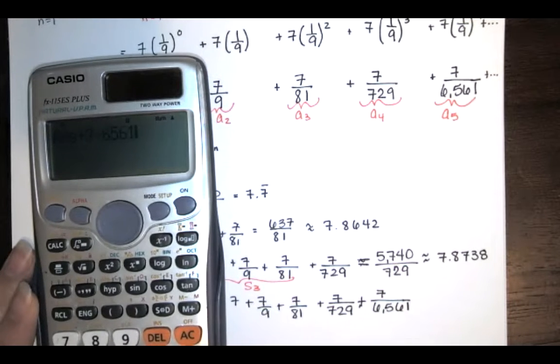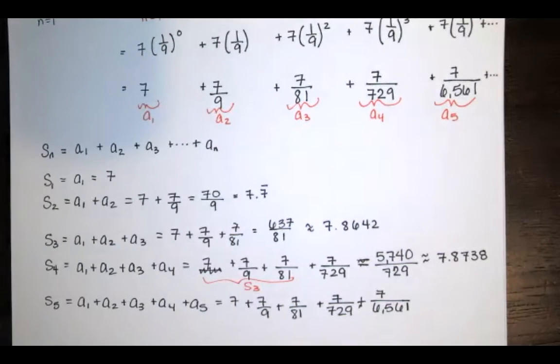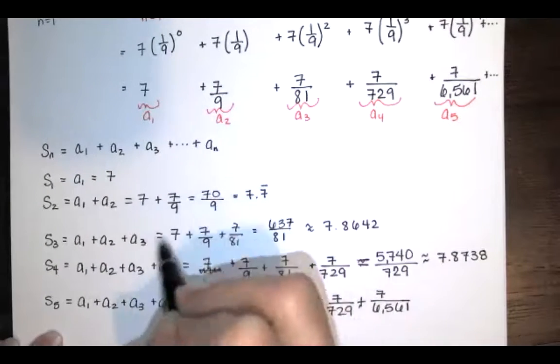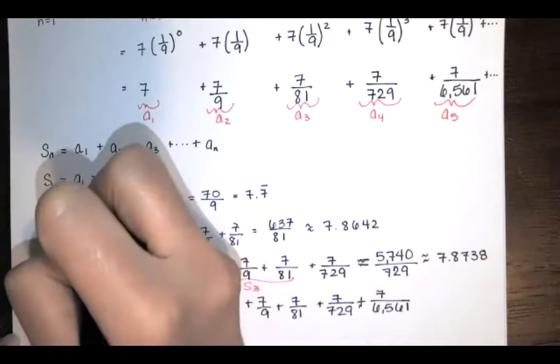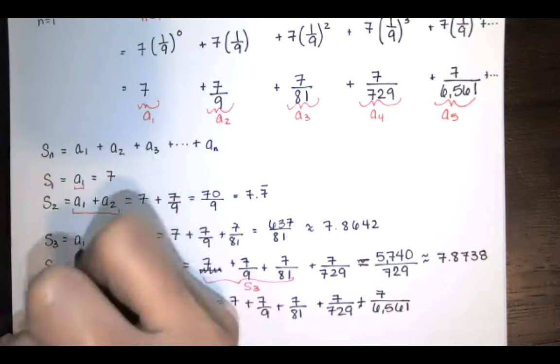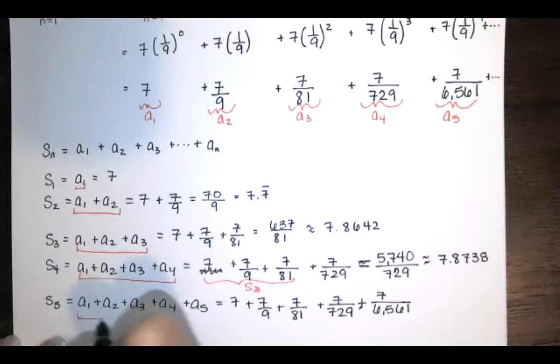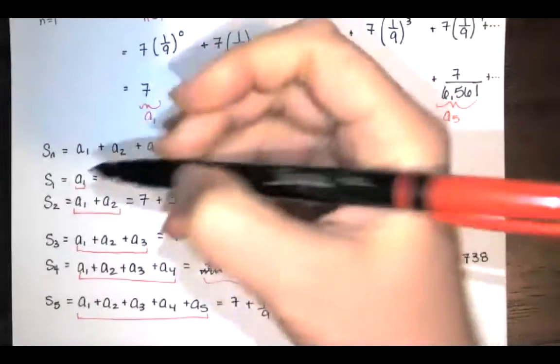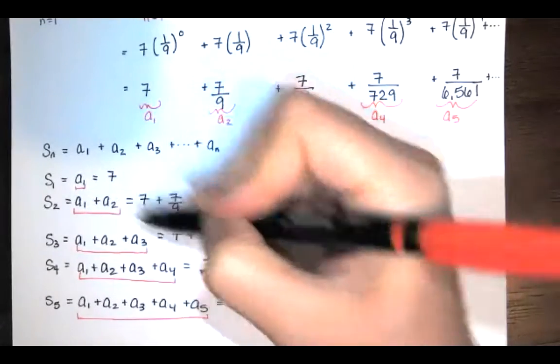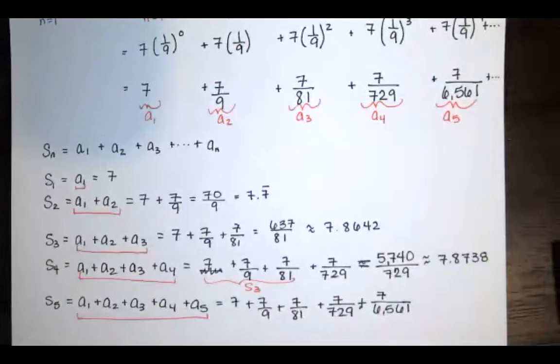And the reason I can do that is because all I'm doing is taking the last partial sum and adding one more term to it, because we had a1, and then a1 plus a2, and then a1 plus a2 plus a3. So I'm just taking the last answer and tacking on that last one. That's what I'm doing in my calculator.